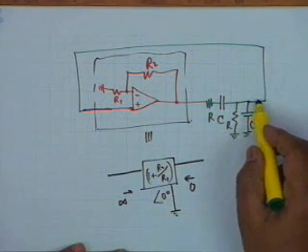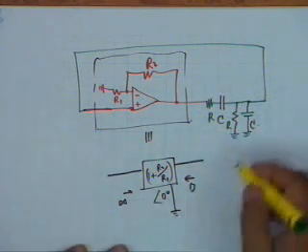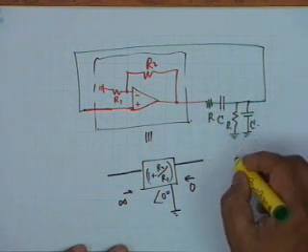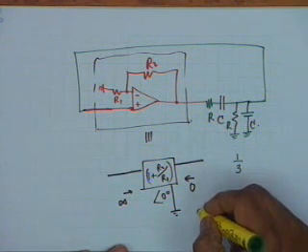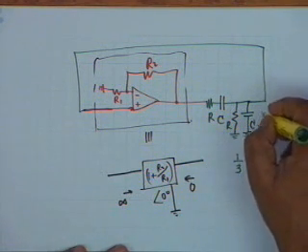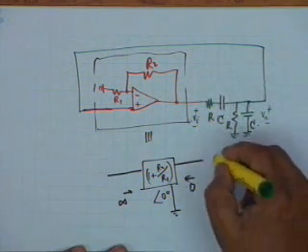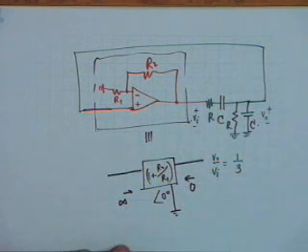Now by analysis of this network, it can be shown that the gain of this network is exactly 1/3 the gain of this network. If you call this V0 and if you call this Vi, then V0 by Vi is very easy to show. It's a simple potential division.